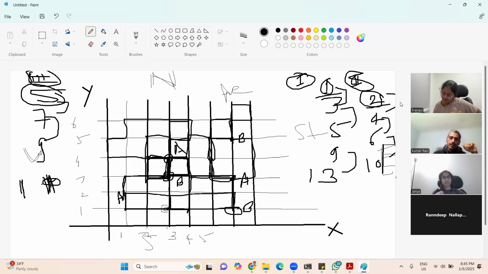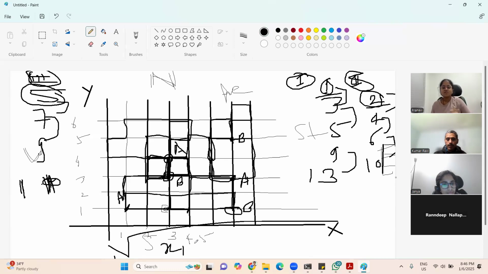How can we decide the distance between this point and this point? Any distance formula you can use? Generally in this case, because this is a binary kind of movement, we cannot use the distance formula which you know. It will not work here, because it will give diagonals as well.